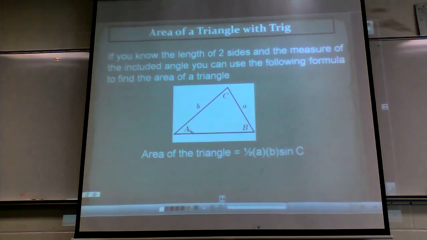It becomes 1/2 of whatever two sides you know multiplied together, times the sine of that angle. This is all multiplied together, there's no adding or subtracting. It's 1/2 the two sides you know multiplied times the sine of that angle.